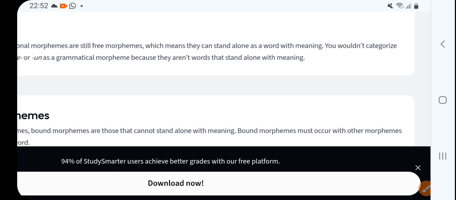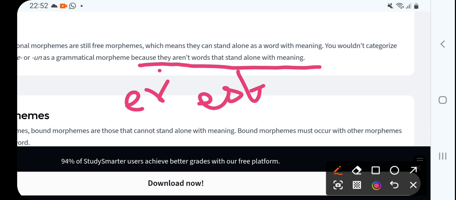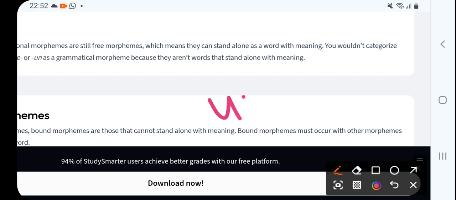Morphemes like er, est, or un, d cannot stand alone.